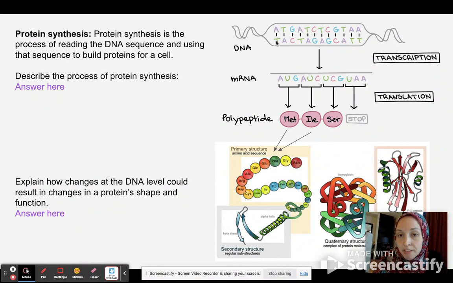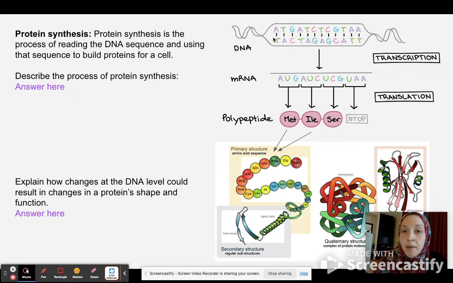Complementary to T is A. What's complementary to A? Since RNA does not have thymine, it's going to be uracil. So instead of thymine, mRNA always has U, or uracil. What's going to be complementary to my A? U. Complementary to my C is G.